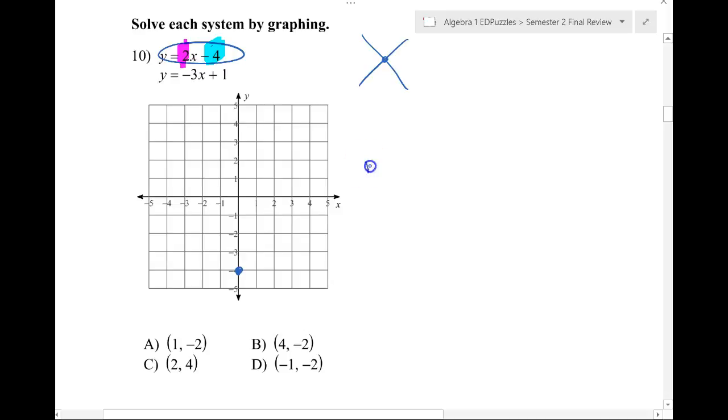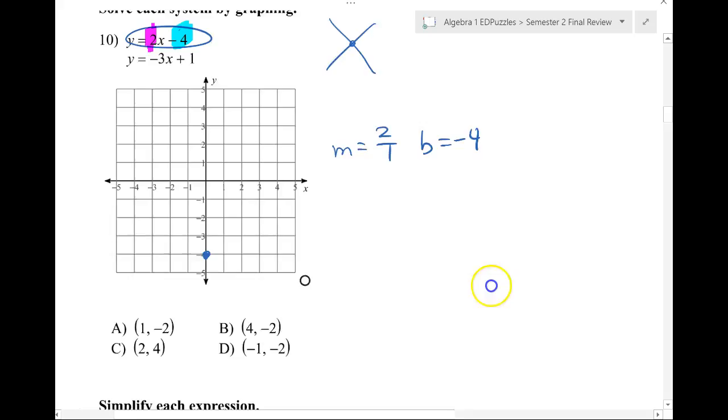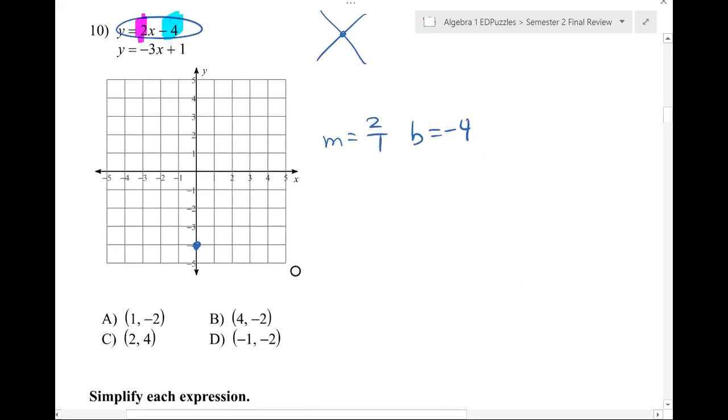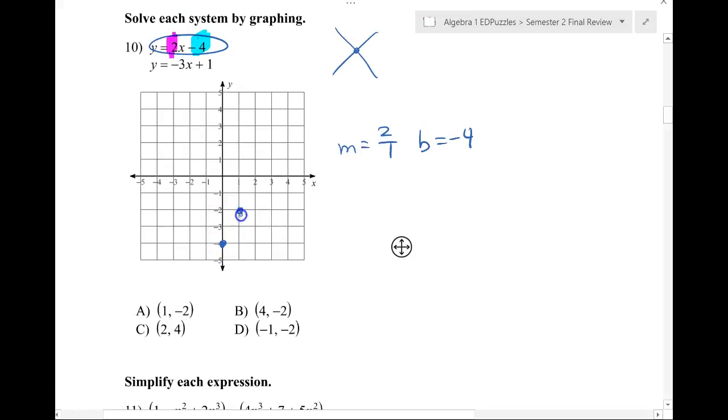So the slope, m, is equal to 2 over 1. And I guess I'll say b as well. Remember, b is the -4. Okay, so if slope is 2 over 1, then that means we go up 2 and right 1. Up 2, right 1, up 2, right 1. Just keep on going all the way.